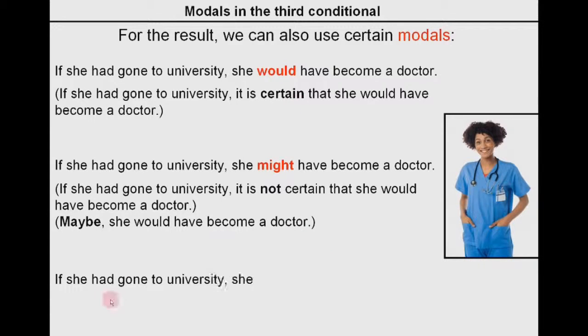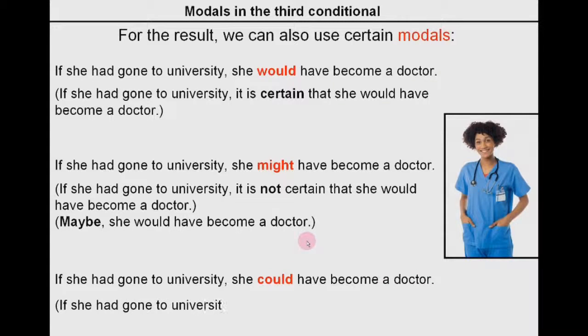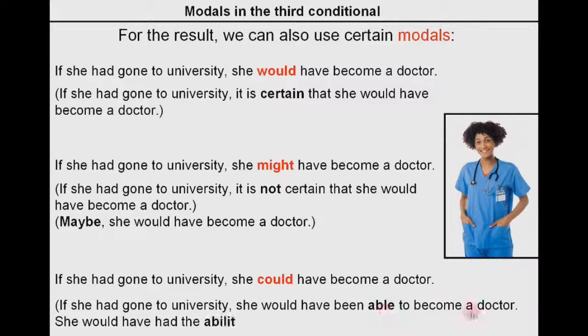And finally, if she had gone to university, she could have become a doctor. She could have become a doctor. So what does this mean? Well, again, if she had gone to university, she would have been able to become a doctor. She would have been able. She would have had the ability to become a doctor, or the possibility.